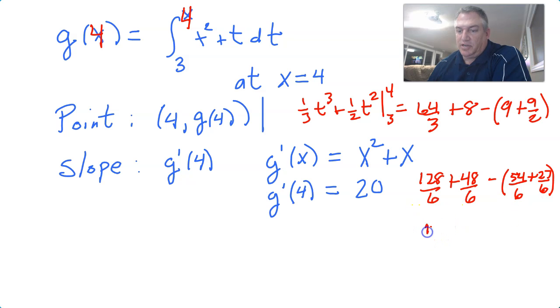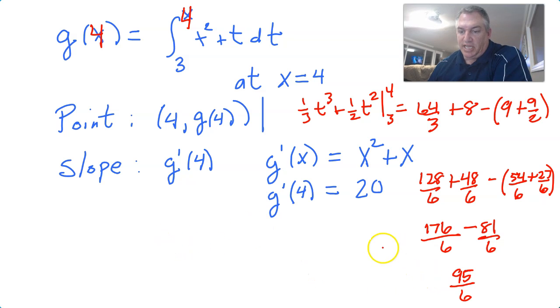So here we have 176 over 6, and then we're going to be subtracting 81 over 6, and therefore we get 95 over 6. And that's the value of our y value, g of 4.